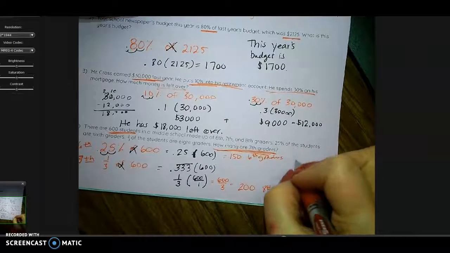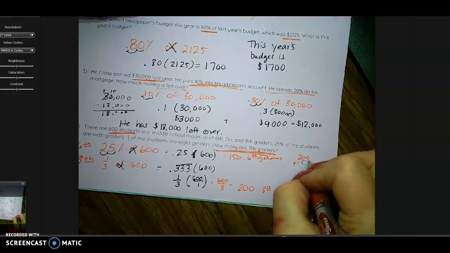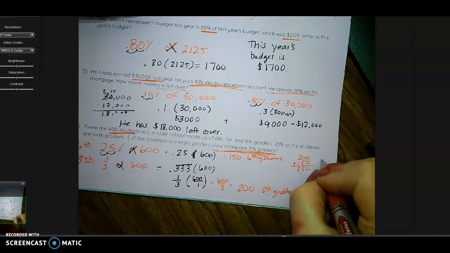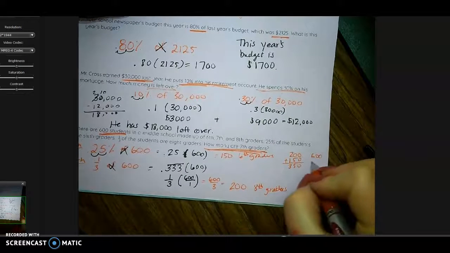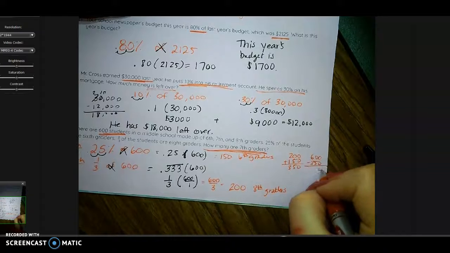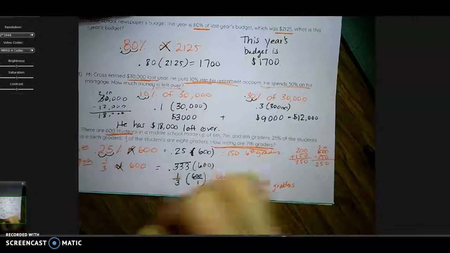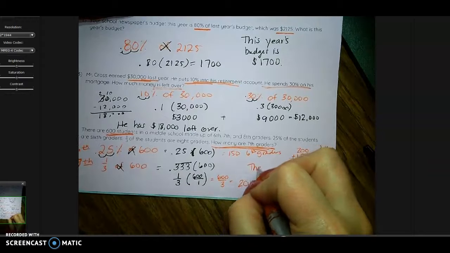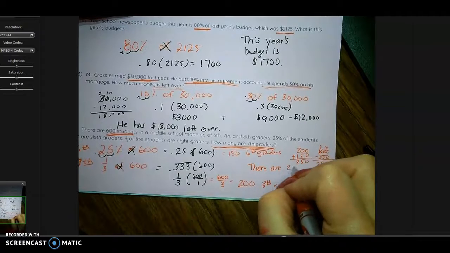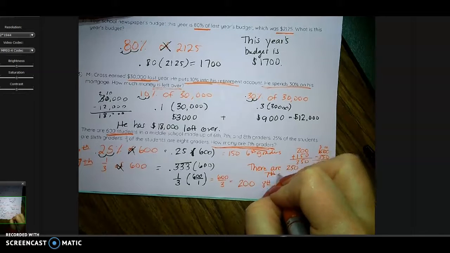So 200 plus 150 equals 350. So then 600 minus 350 is 250. So there are 250 7th grade students.